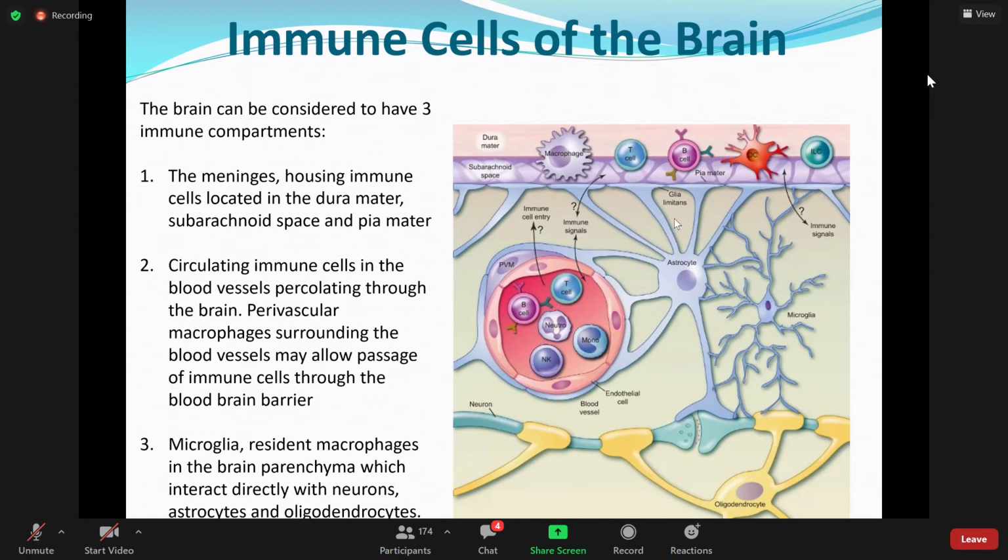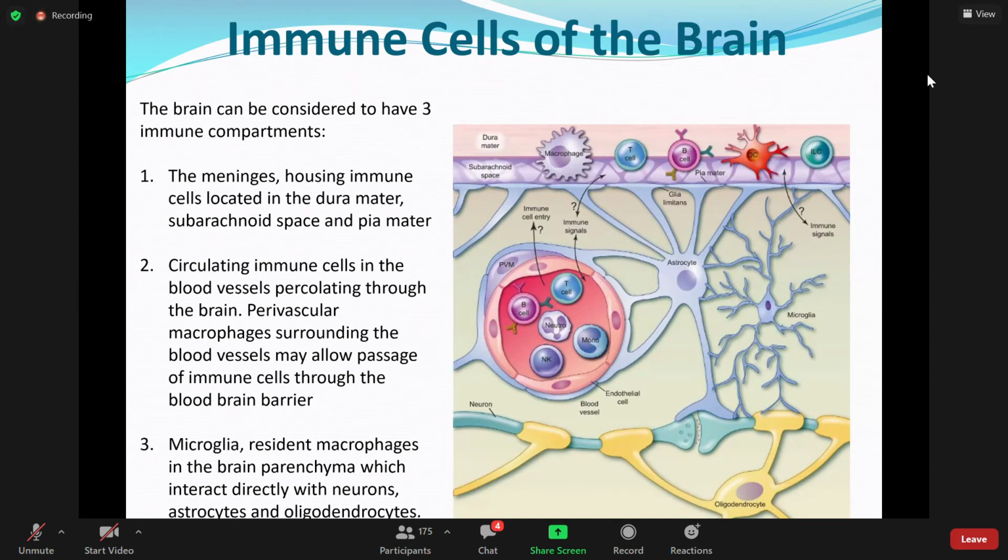These immune cells coming from the periphery, which circulate through the meninges, are blocked from entering the brain parenchyma by the tight junctions of the underlying glia limitans.